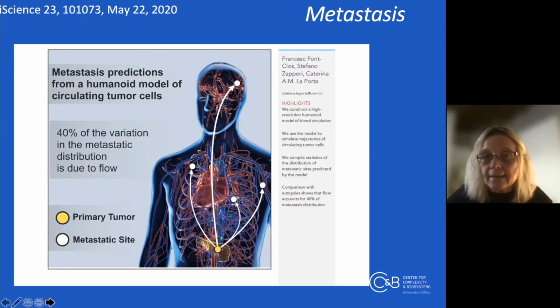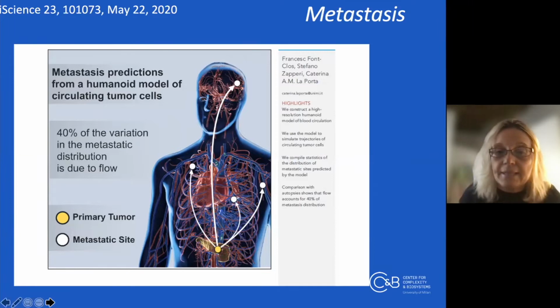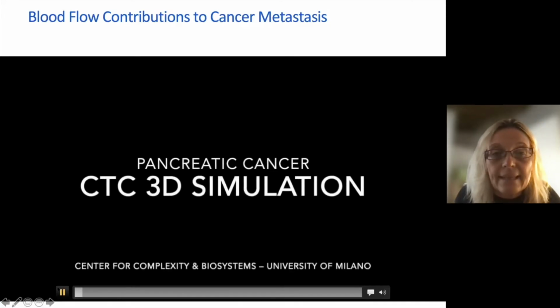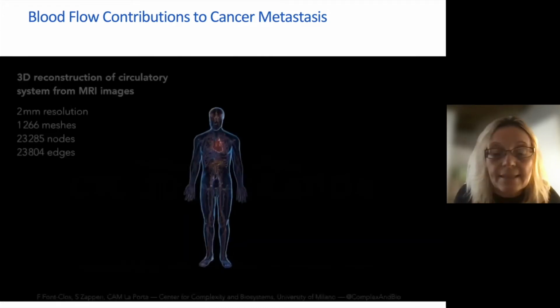In particular, for lung the flow is very important, but for other kinds of tumors like liver, adhesions were more important. So I want to show you in the next slide how this humanoid works. In this case, you see the pancreatic, so the primary tumor is in the pancreas.